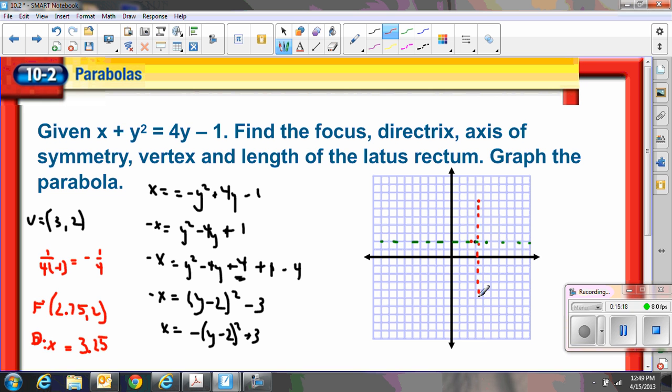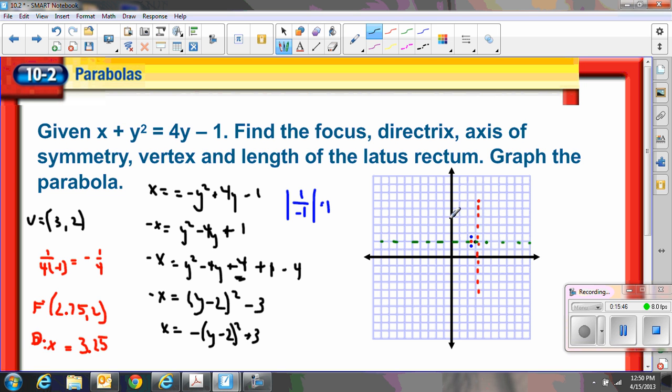there is my directrix. Now, I need one more thing here to graph this, and that would be the length of the latus rectum. The length of the latus rectum is simply 1 over a. So I go 1 over -1. Now, if you remember from the equations before, it is always the absolute value because we're talking about a distance here, which gives me a length of latus rectum of 1, which means from my focus, I will go half in each direction.